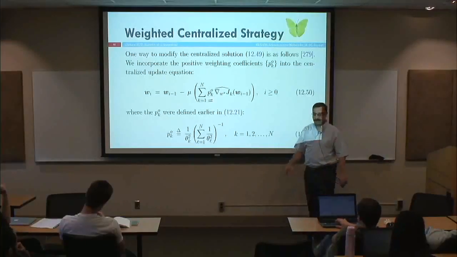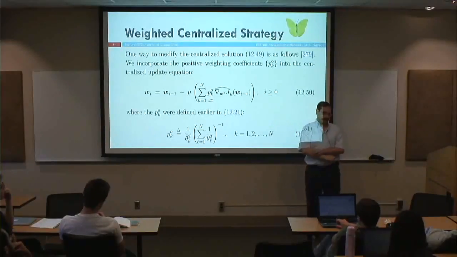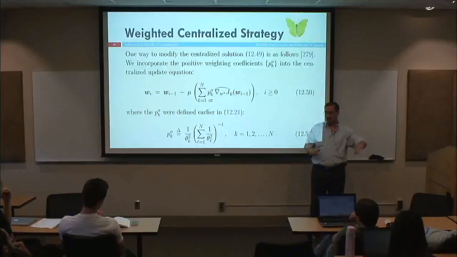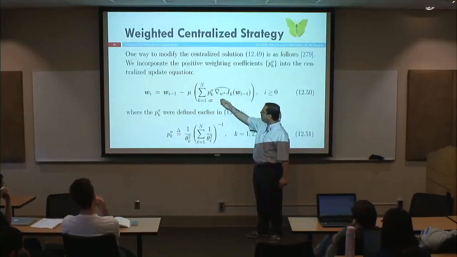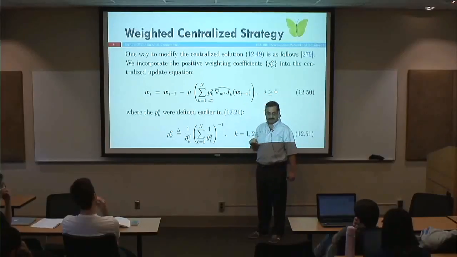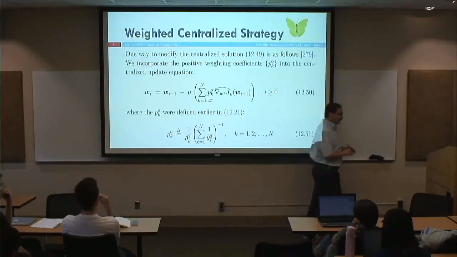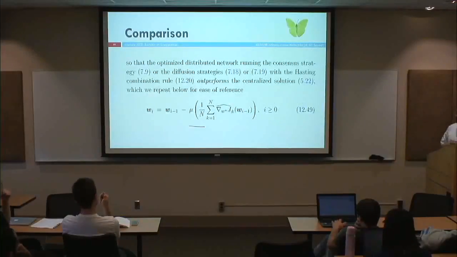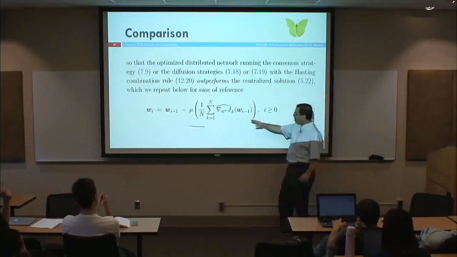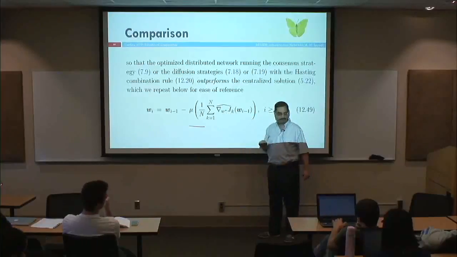You understand? Now, by the way, it's very easy to derive the MSD here without having to go through all the derivations we did before. Because you see, if I am to define the gradient noise here, the gradient noise is the difference between this gradient and the actual gradient, correct?